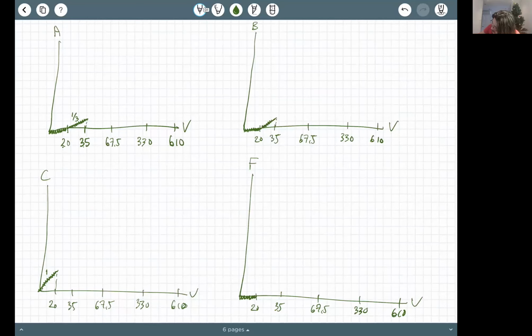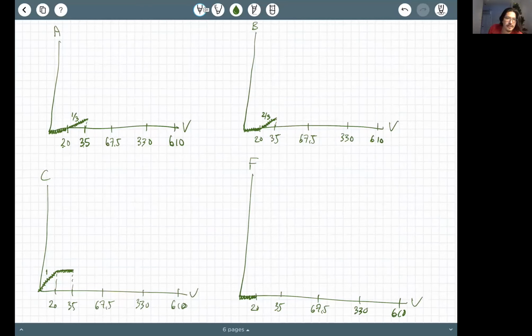And then C is flat because they've hit their 20 million in liquidation preference and they're not converting yet. You might say, well, shouldn't their slope be positive because of participation? But from 20 to 35, there's nothing to participate in because common equity is still worthless because now everything is going to A and B.